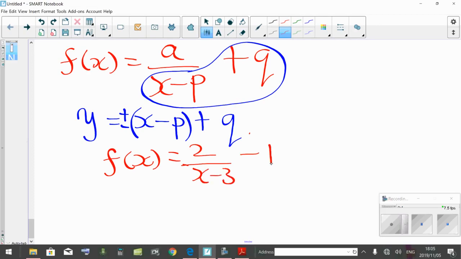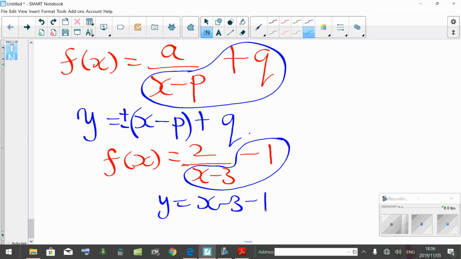So what you have to do is just circle this part. So your equation will be y. Since we want the equation with a positive slope, it will be x minus 3 minus 1, which gives us x minus 4. We are done.